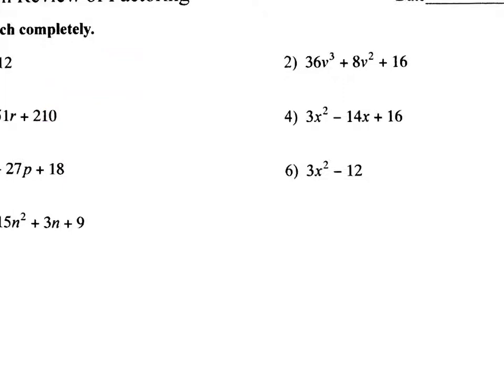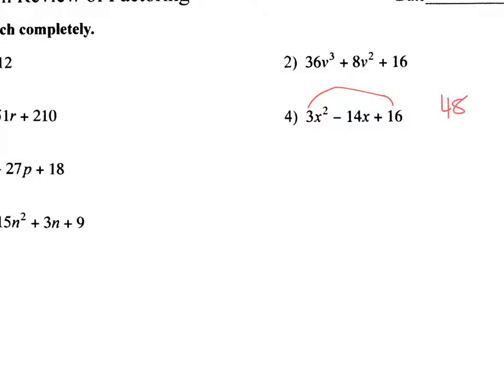Okay, so let's start with looking for a GCF again. Is there anything that'll go into 3, 14, and 16? And there's not. So here we're going to have to do the bottoms up method. So the first thing we want to do is take our 3 times our 16. So that's 48.